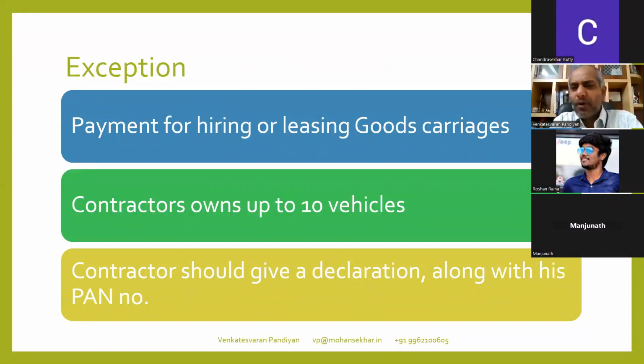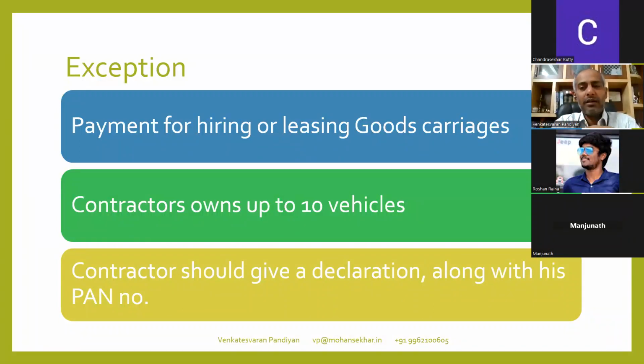There is a very important exception to payment for contractors. That is payment for hiring or leasing goods carriage. If that contractor gives a declaration to the payer that he does not own more than 10 vehicles, and provides his PAN number, then TDS is not required to be deducted.